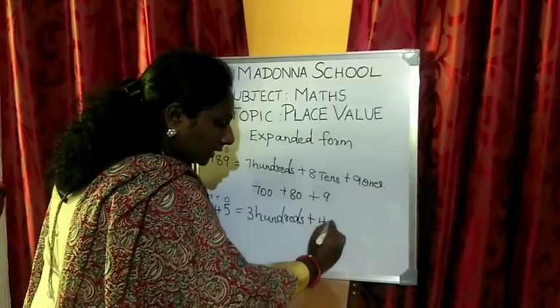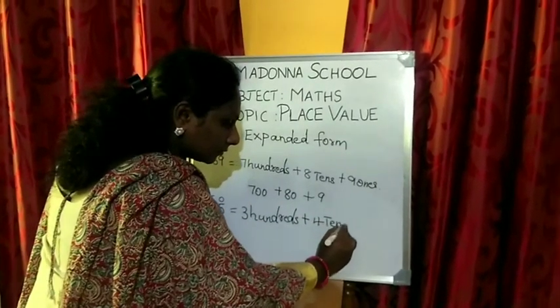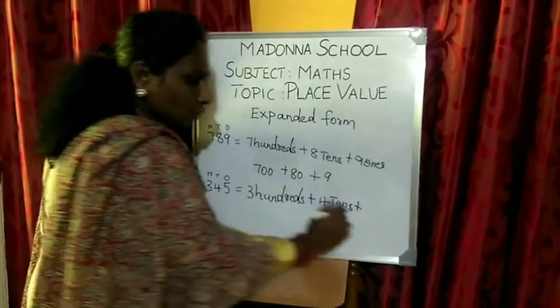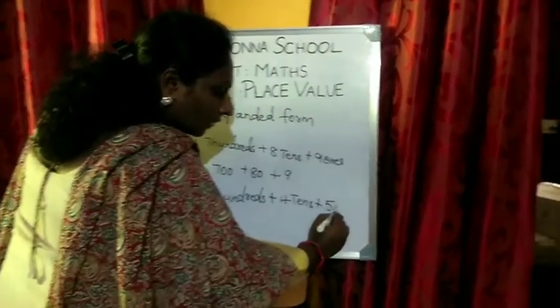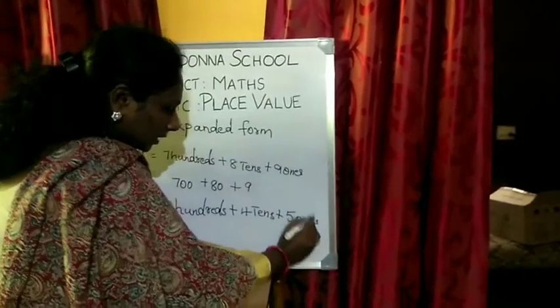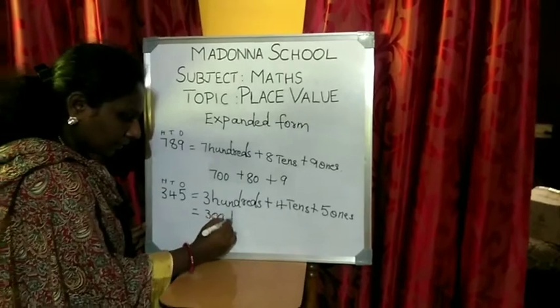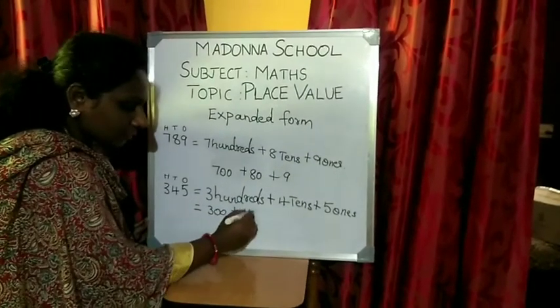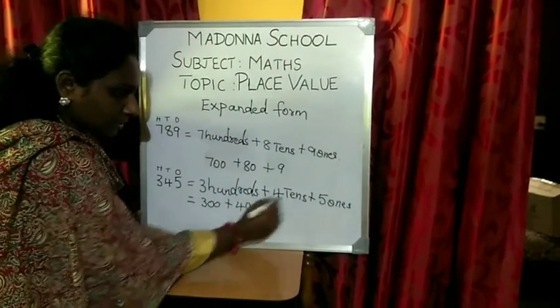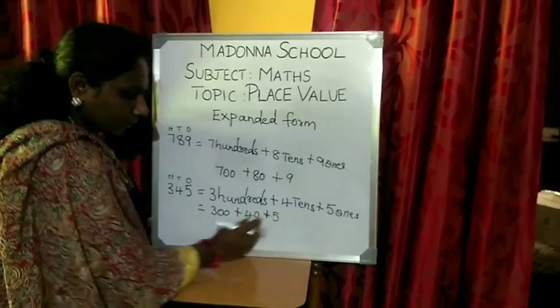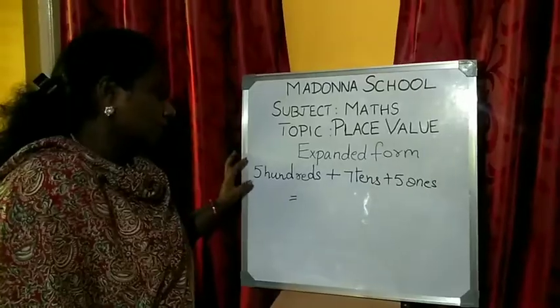So 4 tens plus 5 is at ones place. So 5 ones. This you can write as 300 plus 4 tens equals 40 plus 5 ones equals 5. Okay. So you should write like this. Now this is the expanded form.